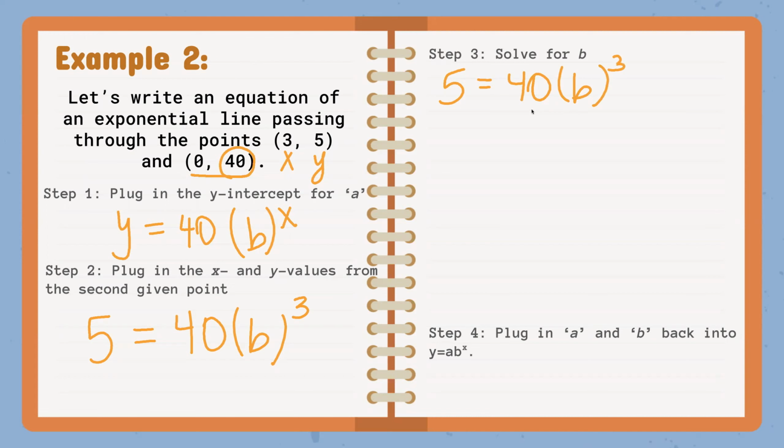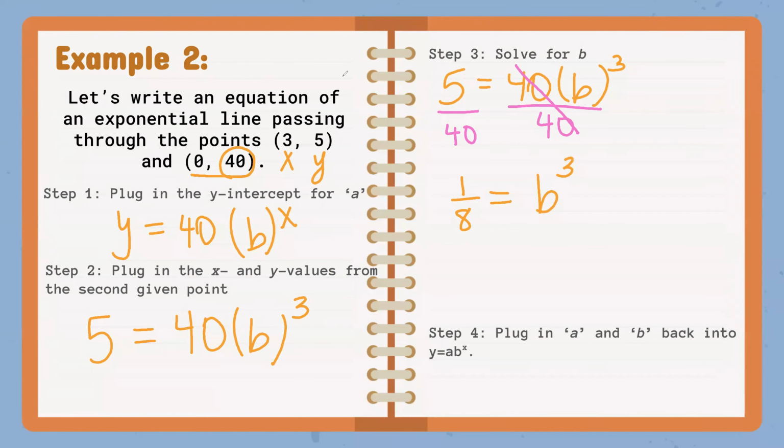To get B by itself, since it's being multiplied with 40, I want to go ahead and divide both sides by 40. That is going to reduce that to 1. And I'm left with 5 divided by 40, which reduces to 1/8, is equal to B cubed.